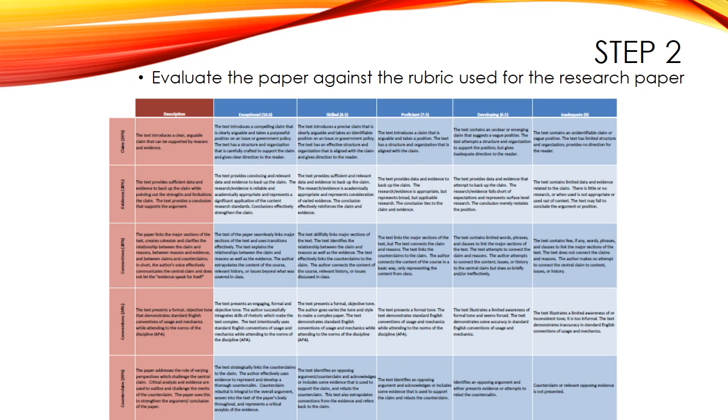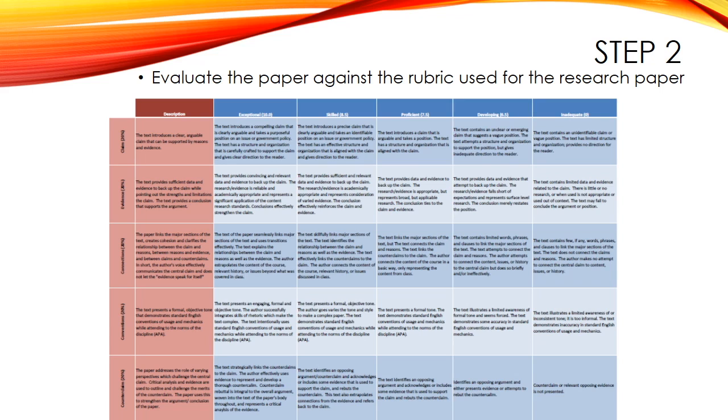Step two is to then take a look at that research paper and use the rubric that our department has provided that we use to assess these papers. Keep in mind, we're assessing you on claim, use of evidence, the connections of the pieces of evidence into your paper and to your topic in general, your writing conventions, and then your use of and dealing with the counterclaim.